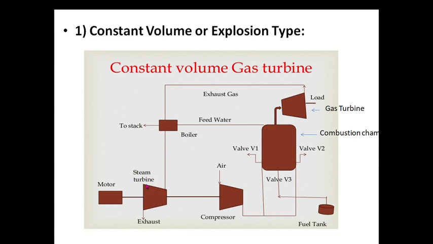These steam turbines are usually low pressure turbines, and this low pressure steam rotates the turbine, causing us to produce power. Using this, a motor can be run, and again we can use the power produced by the steam turbine to run the compressor.